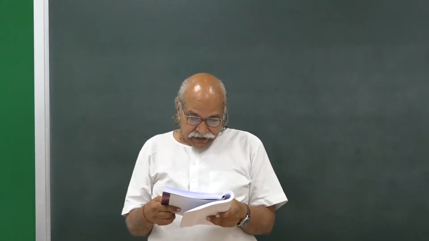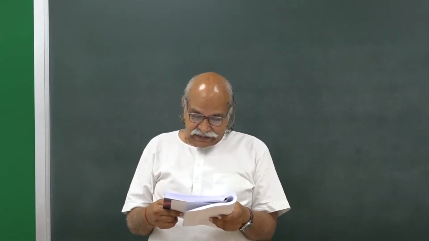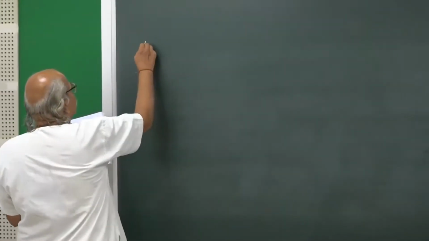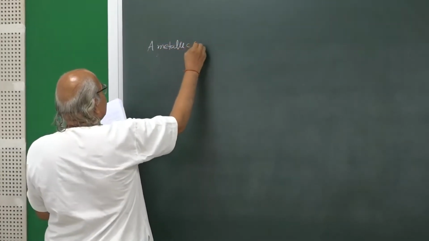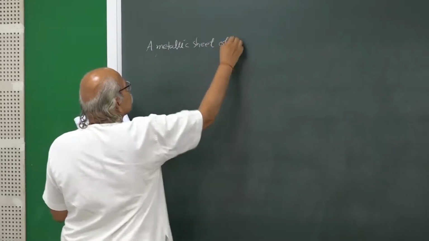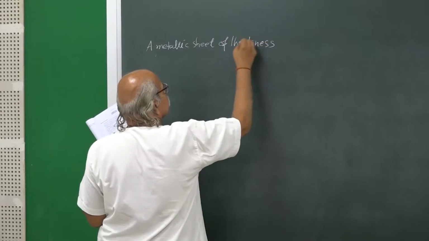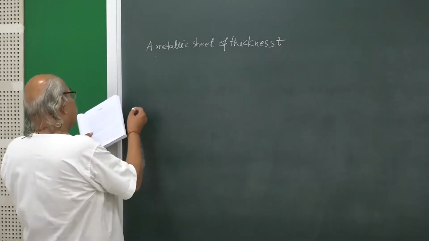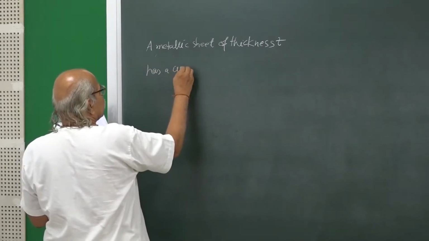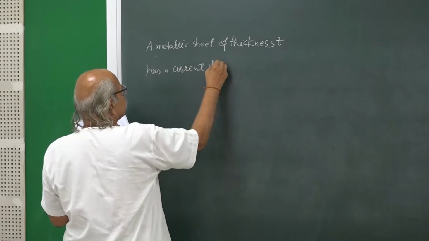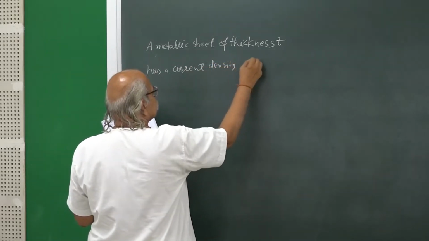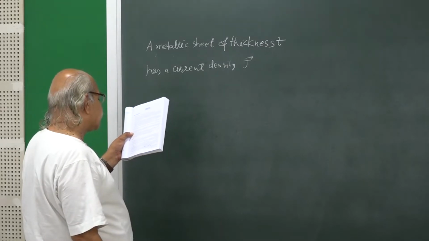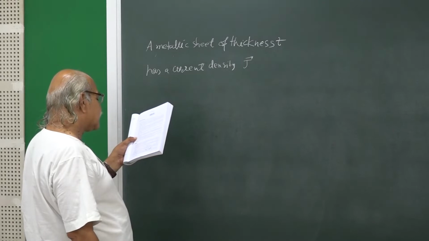Now, another question is, a metallic sheet of thickness t has a current density J. So, you have a metallic sheet of thickness small t, has a current density J. If we neglect the thickness and treat the sheet as a surface, the current has to be considered as a surface current.